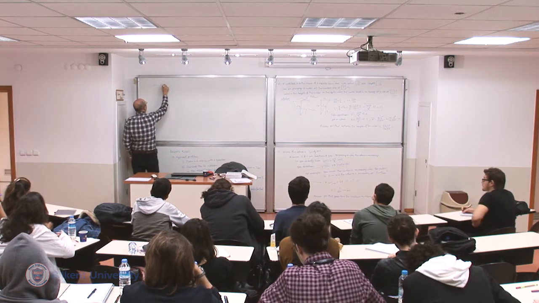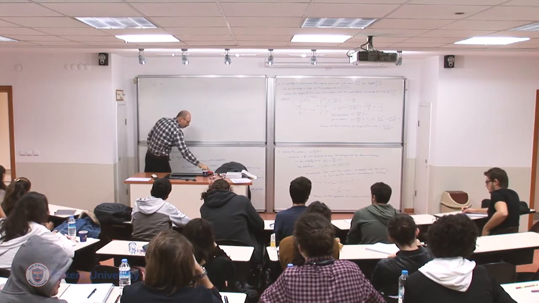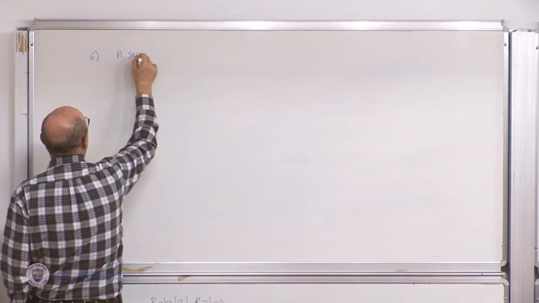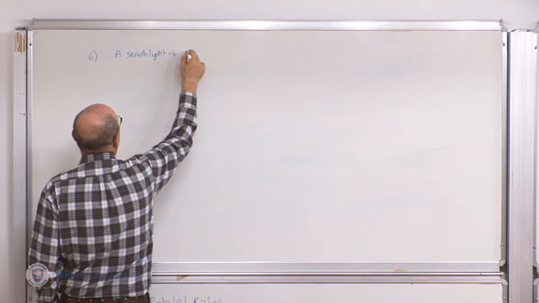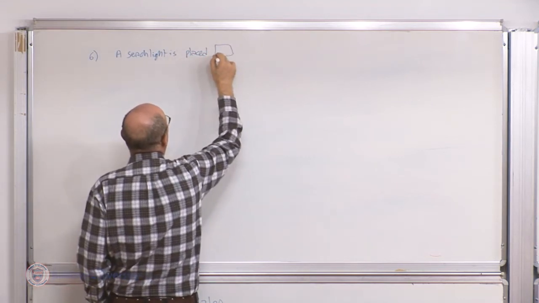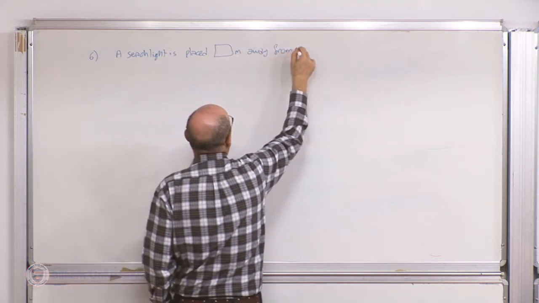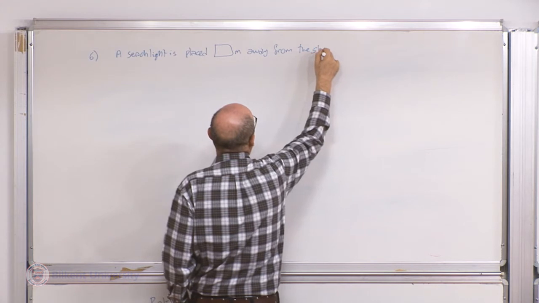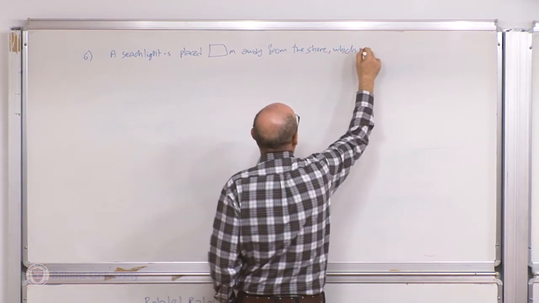A light, or rather let's say a searchlight, is placed. Again, you'll give me some numbers, meters away from the shore, which is a straight line because this is a calculus problem.